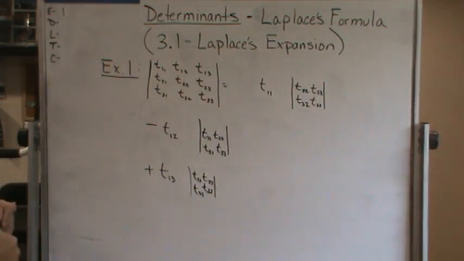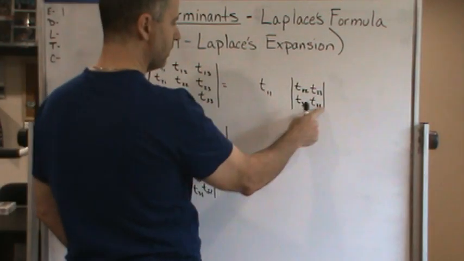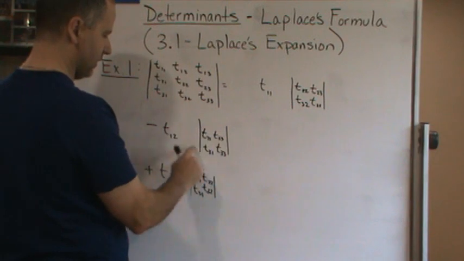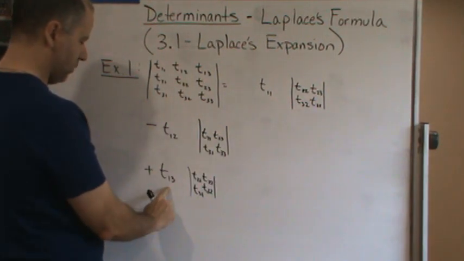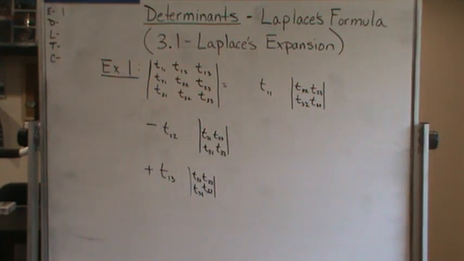So what we ended up with is this determinant is equal to T11 times this determinant minus T12 times this determinant plus T13 times that determinant. Okay?